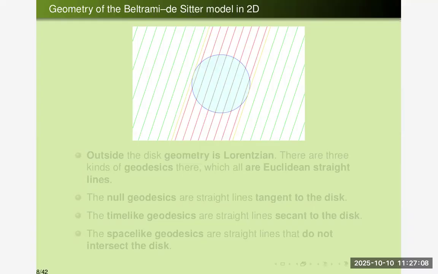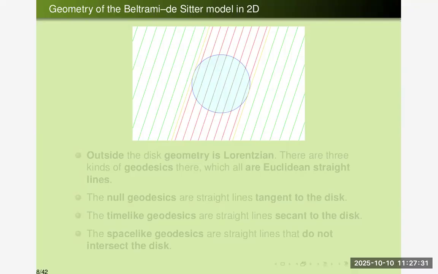And you can ask what the geodesics are in both metrics. For example, outside the disk, the story is Lorentzian, so there should be null geodesics, time-like geodesics, and space-like geodesics.